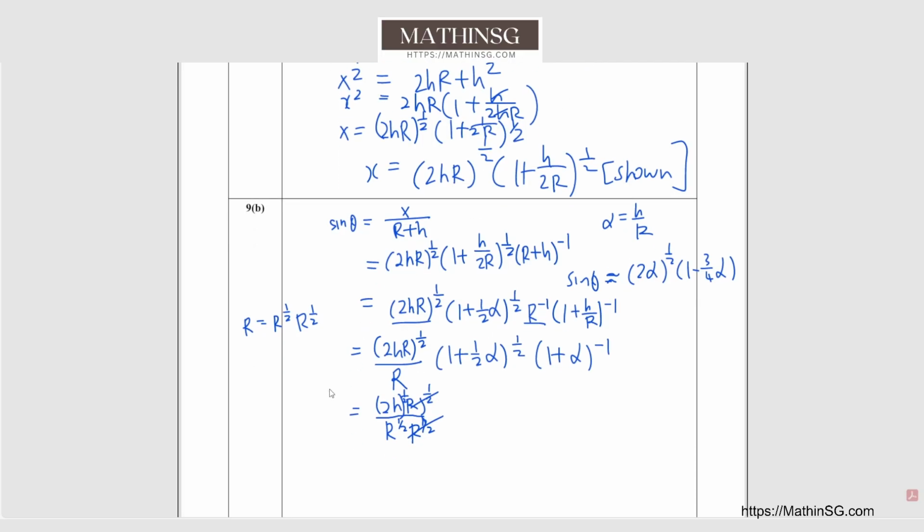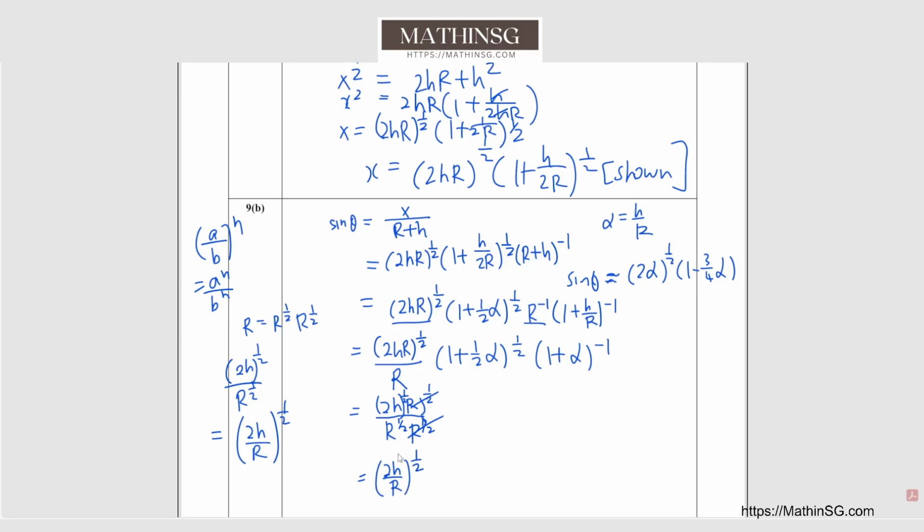Okay, then I have 2h to the power of half and also r to the power of half. So I can make them into a single bracket, right? Because a times b to the power of n is a to the power of n times b to the power of n. So similarly, if you have a to the power of n over b to the power of n, you can write it as a over b whole thing to the power of n. Okay, so this portion I'll write it as 2h over r to the power of half.